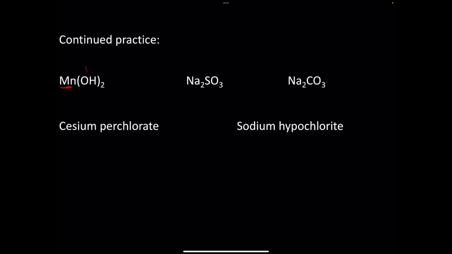So we have to look at our anion, which is hydroxide, OH, and it has a -1 charge. I know that this has 2 of those, because of that little subscript 2. So I'm going to acknowledge that, which means that has a charge of -2 total, meaning our manganese must have a charge of equal and opposite value, +2.